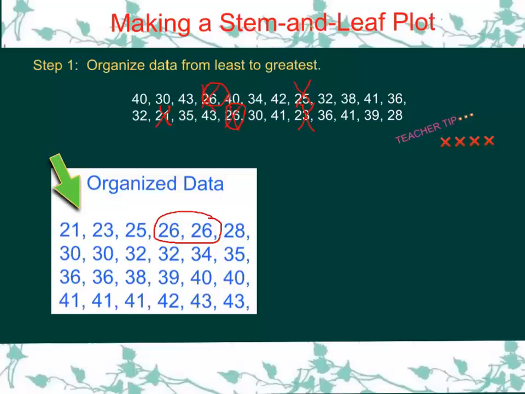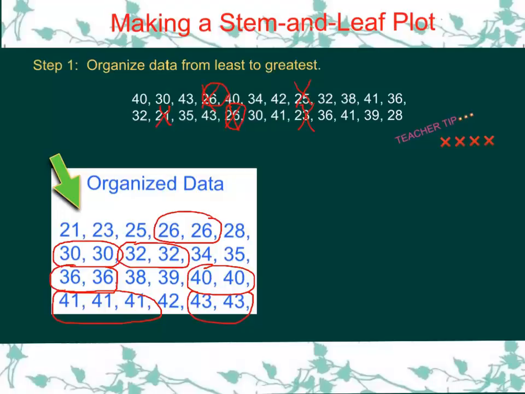Then 28, and so forth. As you notice, there are other numbers that should be recorded twice as well: the 30, the 32, two 36s, two 40s, and there are three 41s that all need to be recorded the number of times that they are listed in our data.